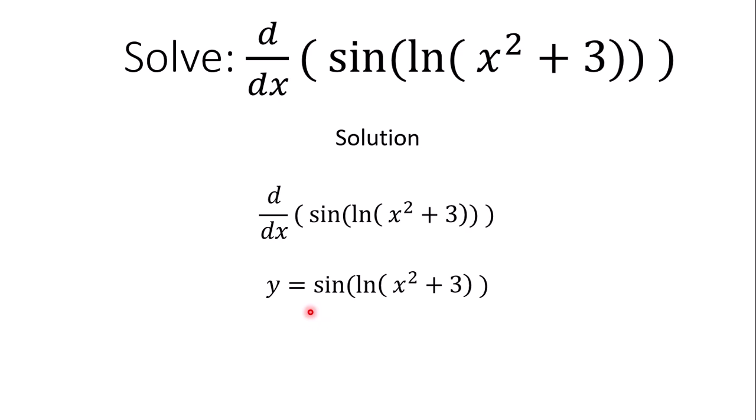Let y be equal to this because of the approach that I'm going to use. Here we are going to use the substitution approach, and you can see that the moment we do the substitution, the problem becomes very easy and simple to solve.